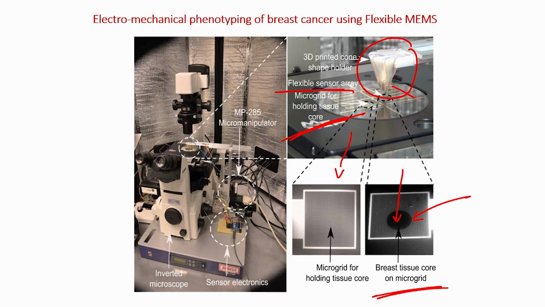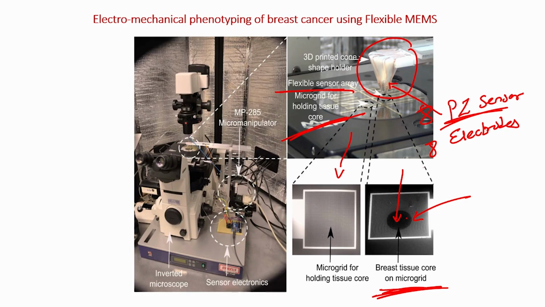You know that this sensor, this chip, has piezoresistive sensors and it has 8 electrodes. So, when this sensor touches the tissue which is placed on the microgrid, what will happen? Because of the stiffness of the tissue, the piezoresistive sensor will bend, and this bending will cause a change in resistance, and that resistance corresponds to the elasticity of the tissue.